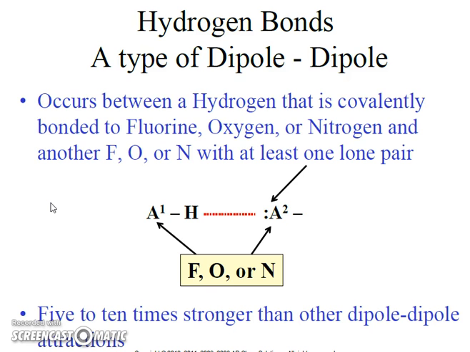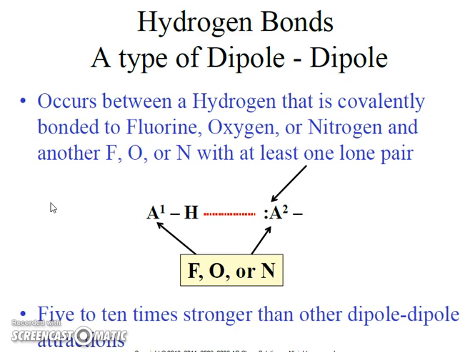Alright, so this is our third strongest force, hydrogen bonds, because it's a type of dipole-dipole force. Okay? And I don't like that they name it hydrogen bonds because students hear it and they immediately think that it's bonds between two hydrogen atoms. It's not.